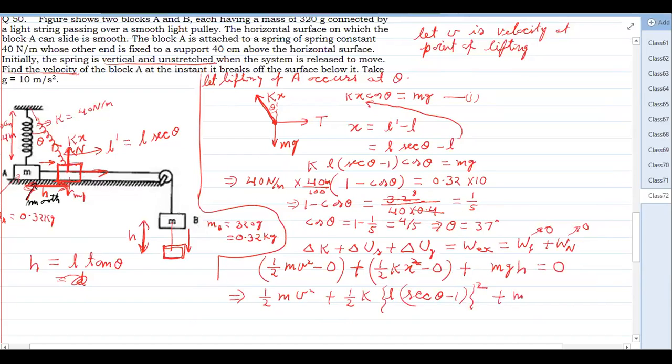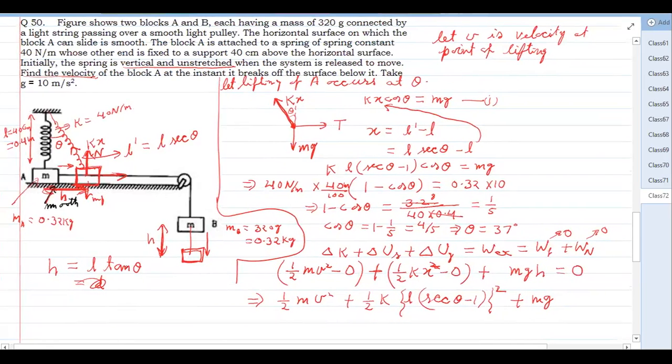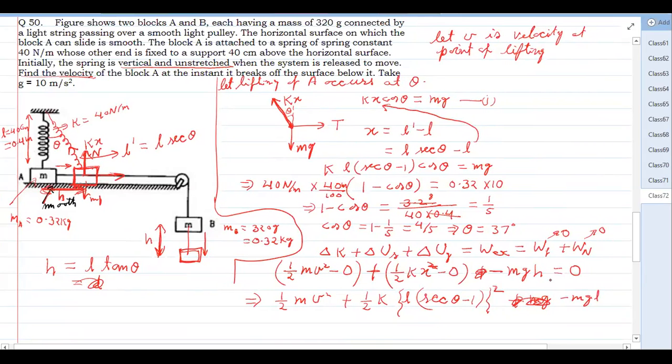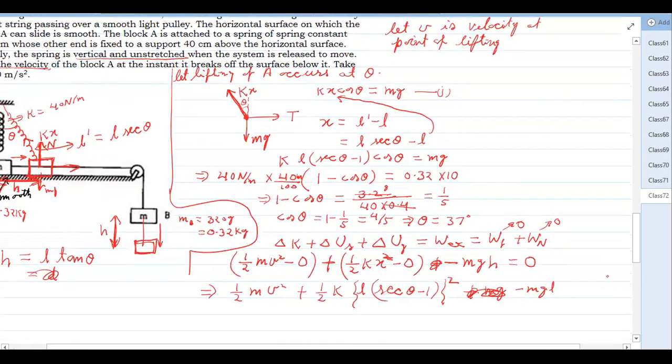Then we have mg and h is L tan theta. We write minus because it is going down, so minus mgL tan theta equals 0. So this is the equation.